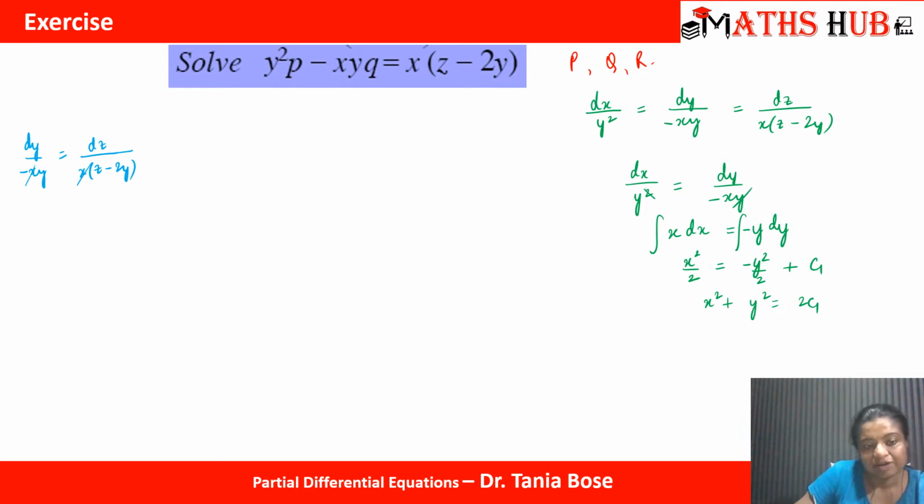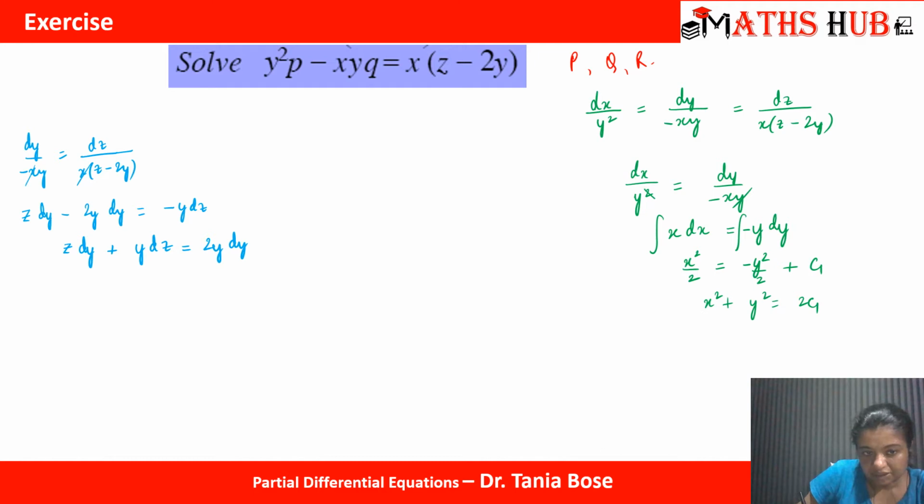We can just cross multiply the terms and we will get z dy minus 2y dy is equal to minus y dz, right? So out of all these terms, you can see that only this term is integrable. It is only containing y. So let's take this term on the right hand side. So we get z dy plus y dz is equal to 2y dy.